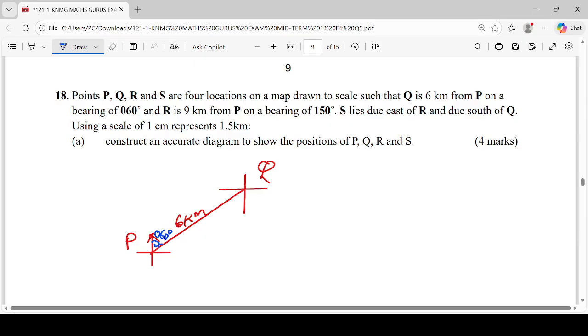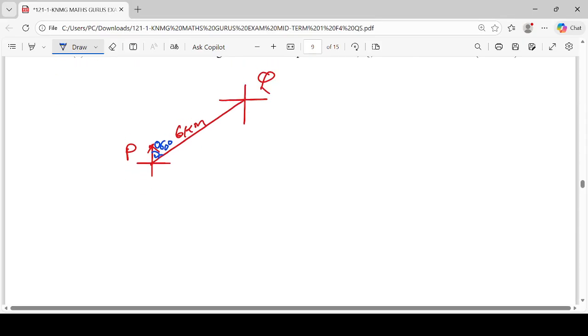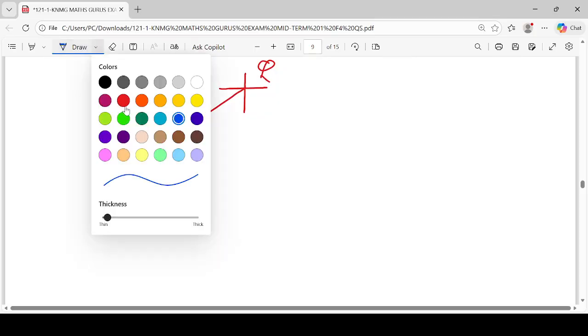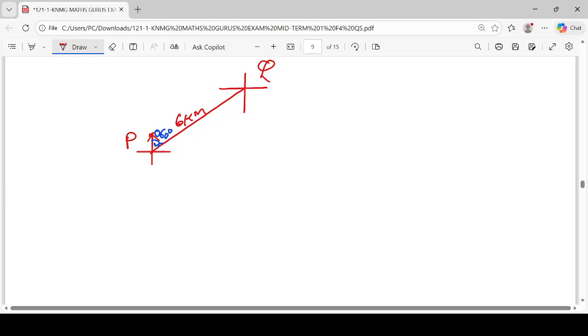R is 9 kilometers from P on a bearing of 150 degrees. So the bearing of 150 degrees from the north again takes it this way. Yes, like that.